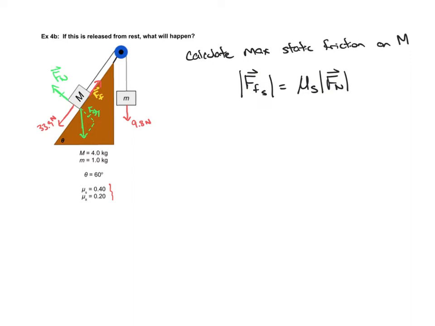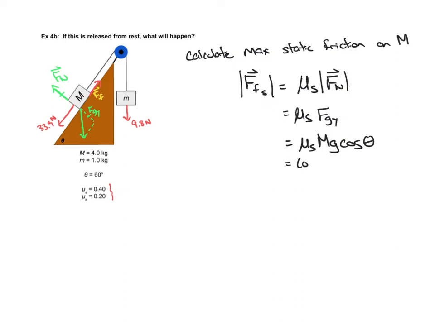So this equation becomes mu s times FGY for the capital M block we're talking about on the ramp. And FGY has a formula. It's mg cosine theta. So that's how I'm going to calculate the maximum static friction.